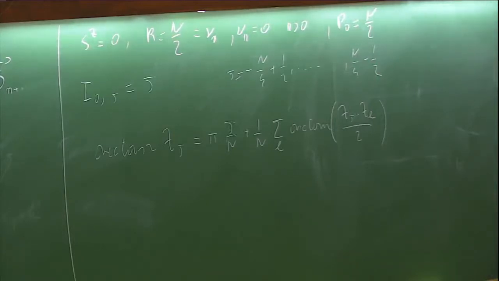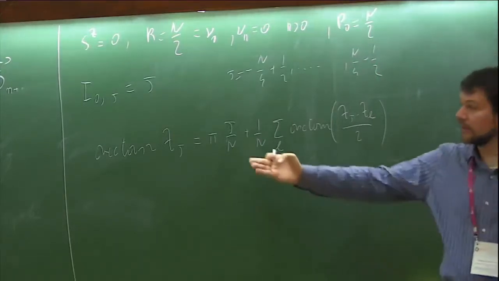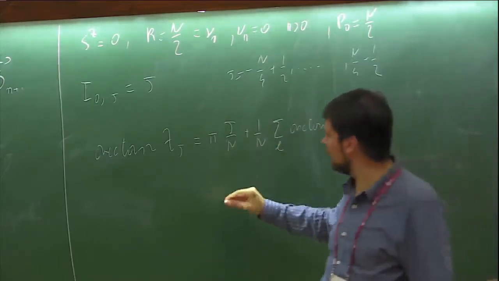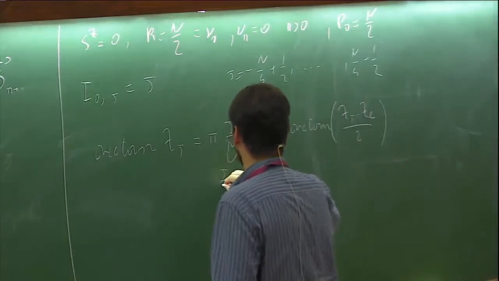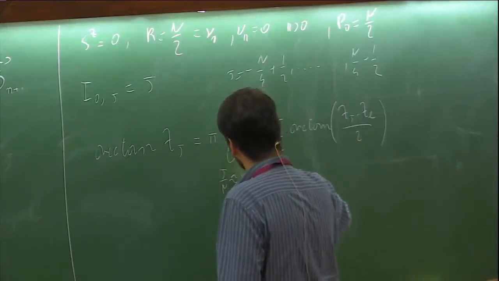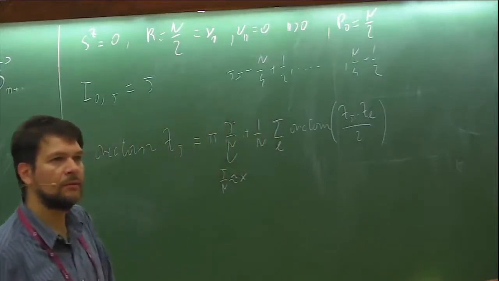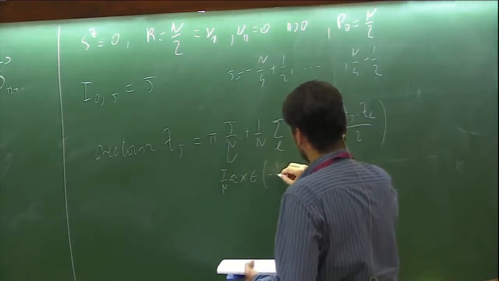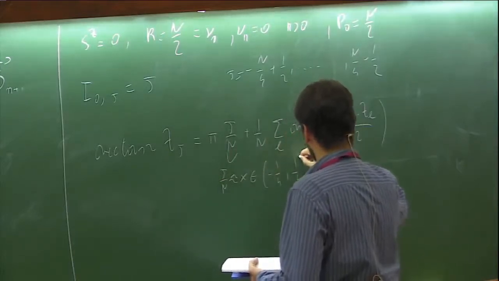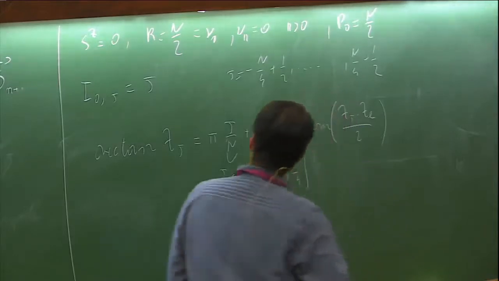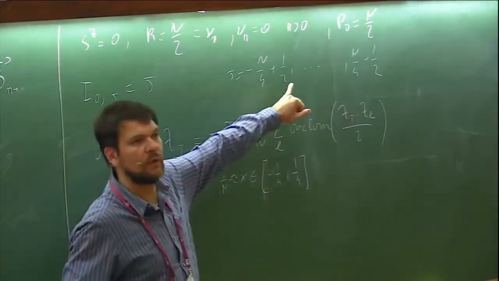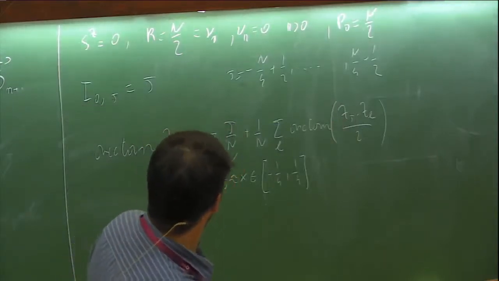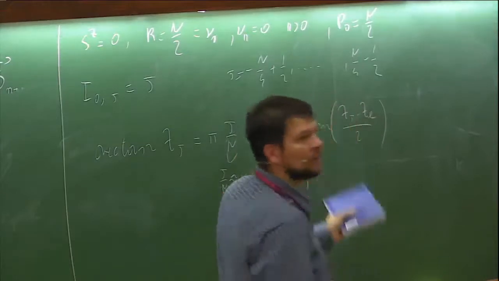But let me consider the case in which I take the thermodynamic limit, so I have a very large chain. So this quantity here, j over n, approaches a continuous variable with range between minus a quarter and plus a quarter. And I can approximate this sum with an integral.